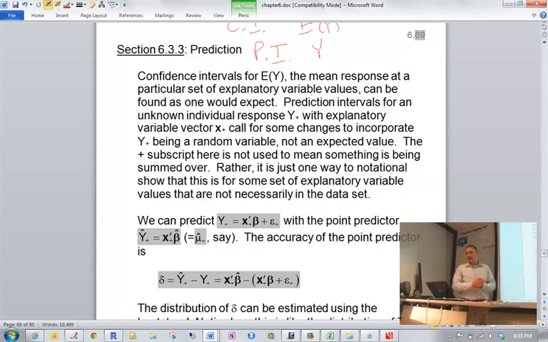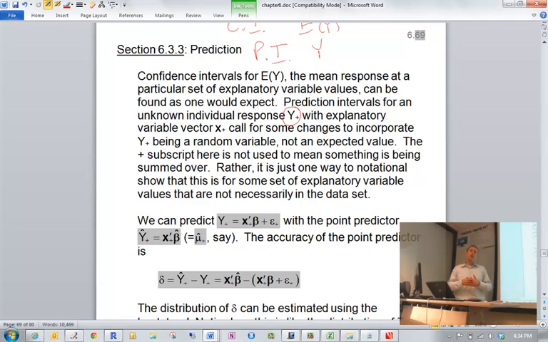Okay, so in terms of the book's notation, y plus is what we're after. We want an interval for y plus. The plus doesn't mean we're adding over anything. It's just a way to differentiate this particular observation from observations that would be in your normal data set.